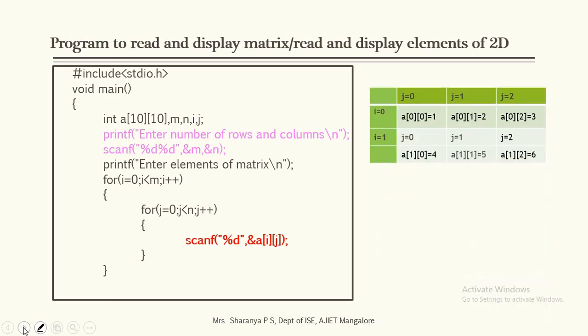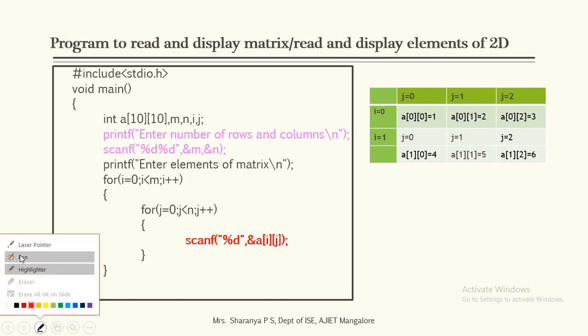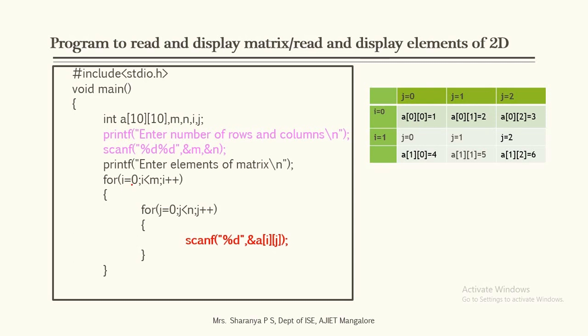And then if we look in detail, what does A of i j refer to? Initially this i loop will begin with the value 0. During that time j will also be 0. That is, A of 0 and 0 is coming inside and it is taking the value, say for example 1.